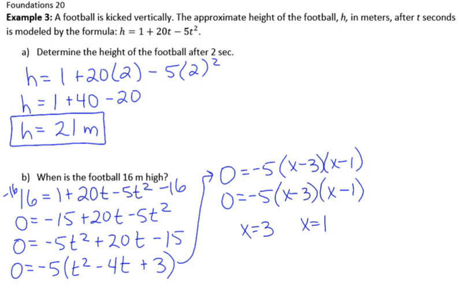Again, our x's, or our t's in this case, are in terms of time. So you should keep your variables the same when you answer. So I'll say t is 3, t is 1, and this is seconds. So when is the football 16 meters high? Well, the football is 16 meters at 3 seconds and at 1 second.